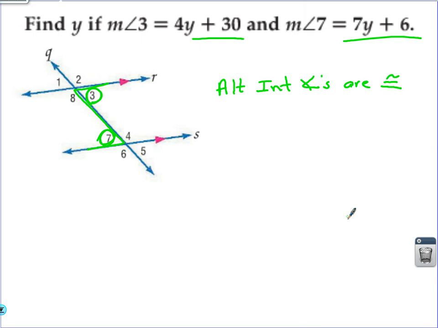Okay, now that I've told you all this complicated stuff, here's the easy way to remember it. Does everybody know the difference between acute and obtuse? Angle 3, is it acute or obtuse? Acute. Angle 7, is it acute or obtuse? So they are the same. All your acute angles will be the same. Look at 7 and 4. Are those angles going to be the same? Guys, that's an obtuse angle. That's bigger than 100.